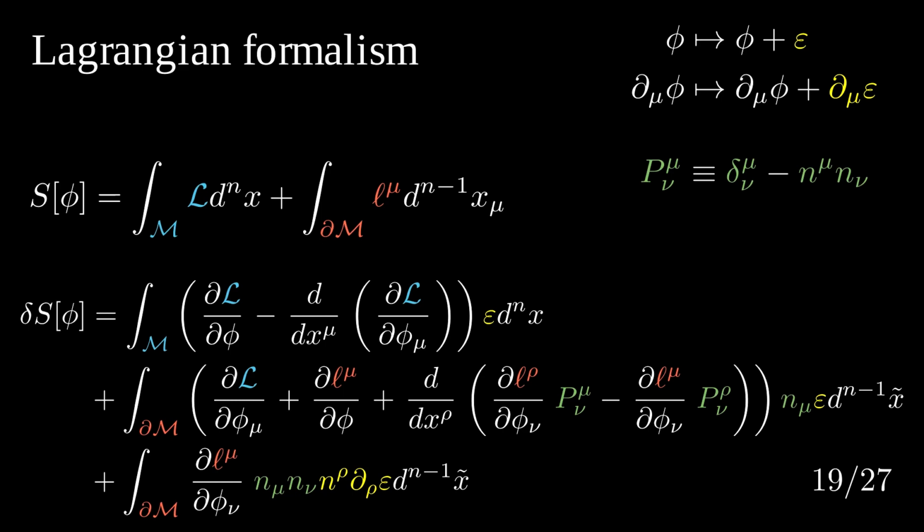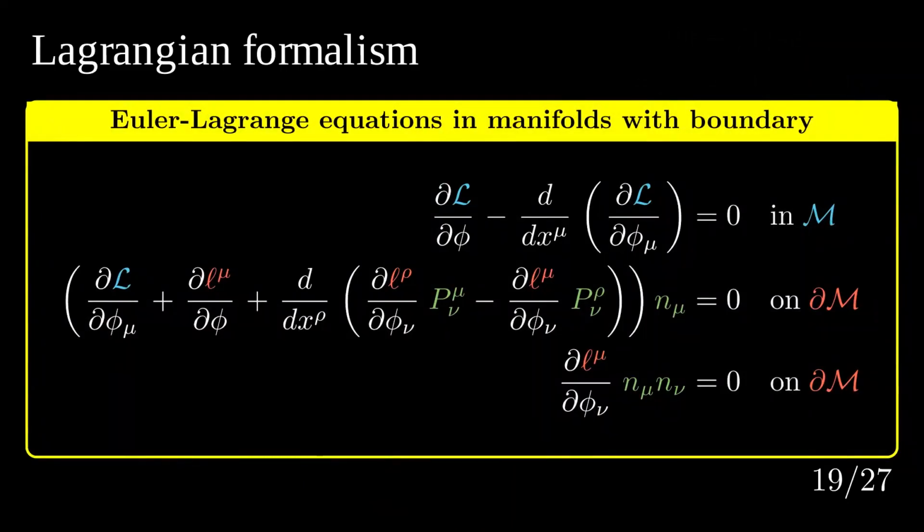And in order for this action to be in a critical point, we need, and we proved that using similar techniques of the fundamental lemma of calculus of variation, these three equations have to be satisfied independently, leading therefore to the Euler-Lagrange equations in manifolds with boundary, which have these expressions.